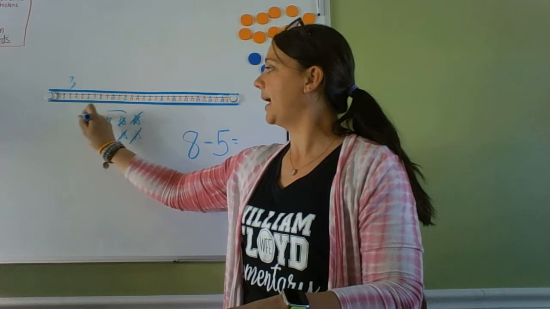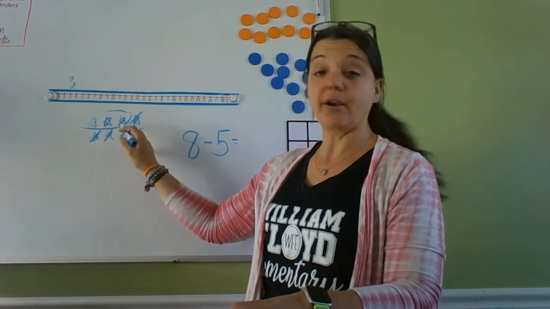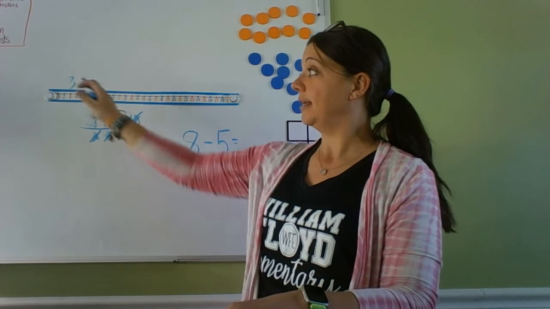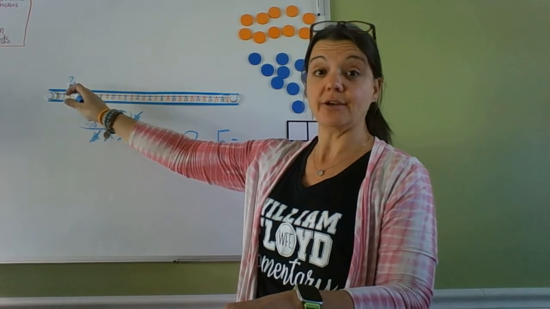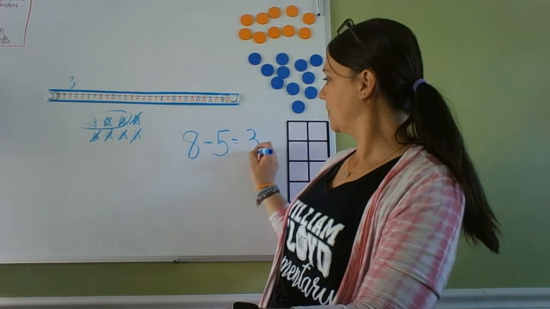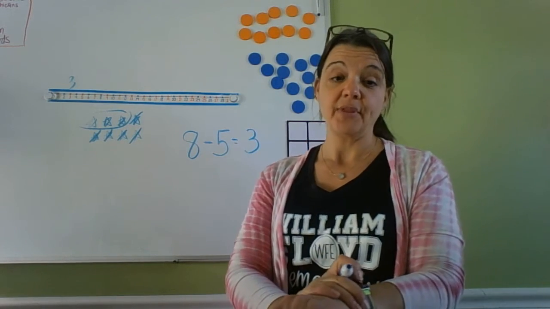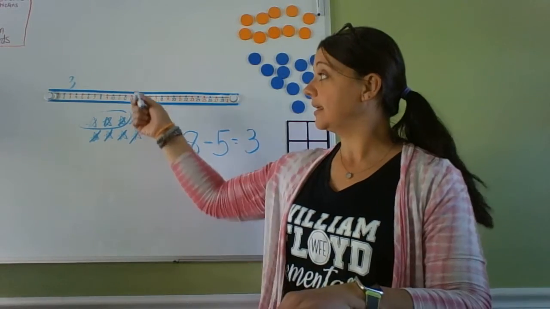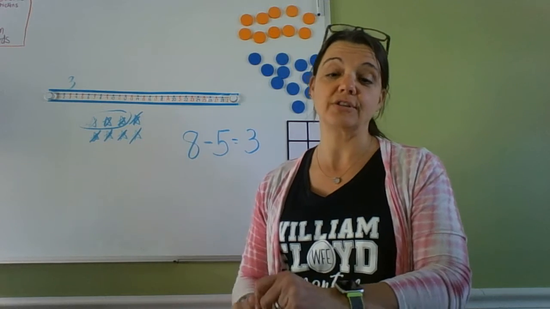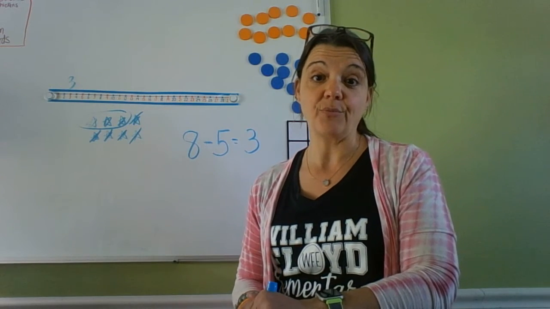How many do you have left, or how many are left over? We see we have 1, 2, 3, which brings us to the same answer as when we counted backwards. So 8 minus 5 is 3. When you are using these materials or drawing your pictures to do your subtraction, that's what it should look like.